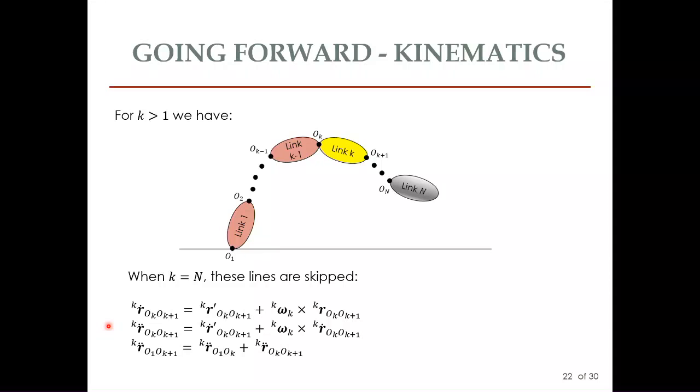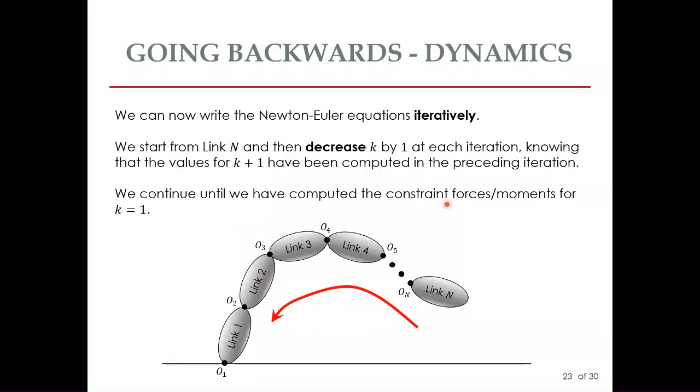So, so far the logic is go from the beginning till the most external links, go like that, okay, outwards, let's say, to calculate your kinematic values. And avoid maybe repeating calculations.